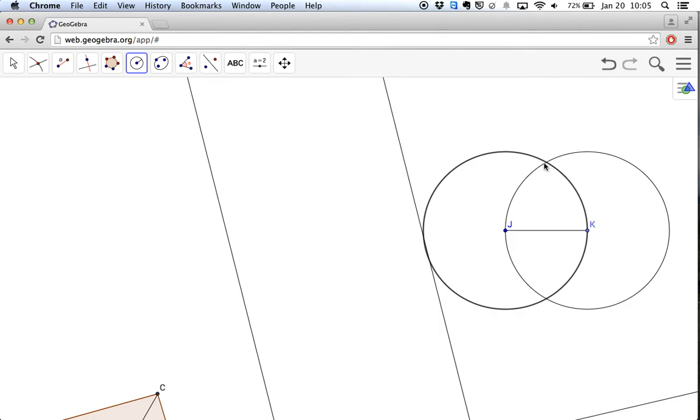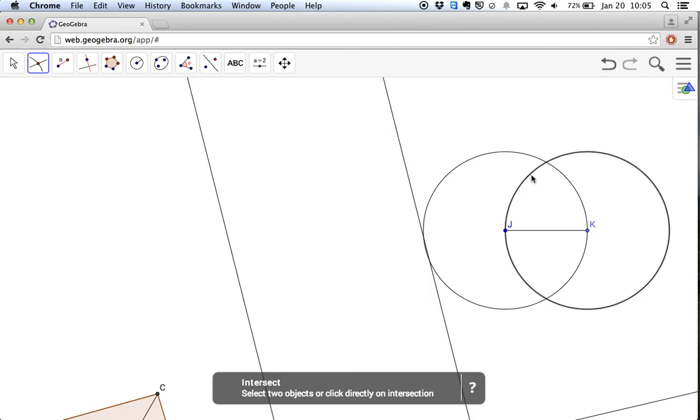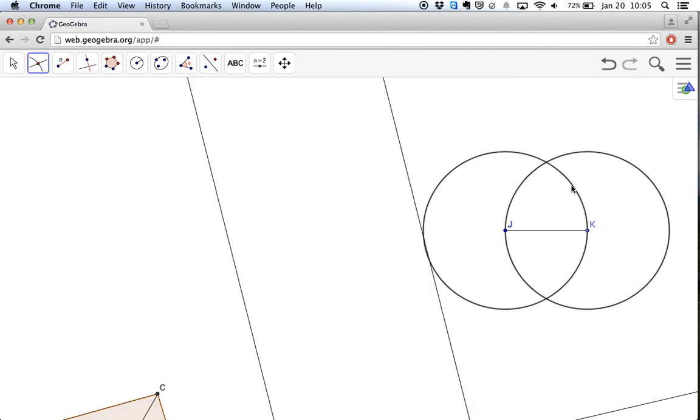So if we decide then to select the intersection point, the intersection of these 2, notice there are 2 points, so it could be either of them.